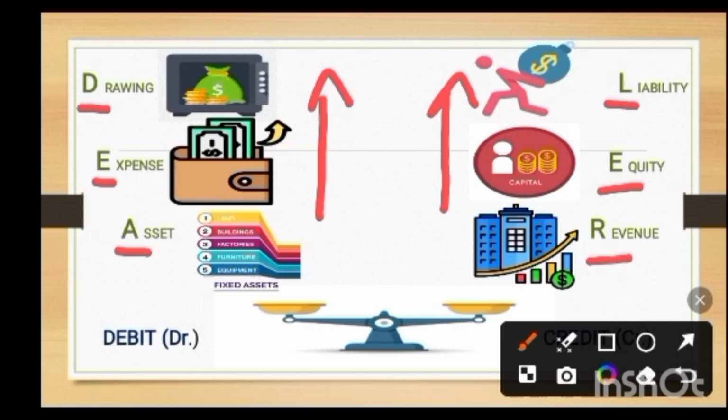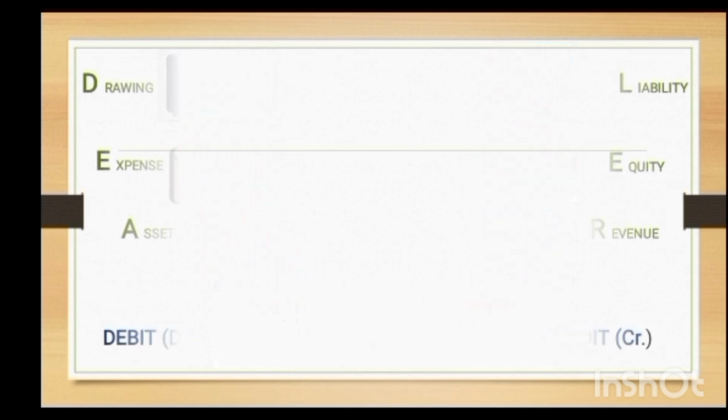If you remember this word, you will always remember that the first part, DEA, is the three accounts that will be debited when they increase. The other part, LER, is the three accounts that will be credited when they increase. So you just have to remember the word dealer. It's the trick and the hack for today.